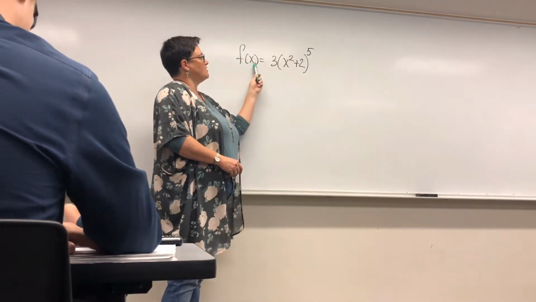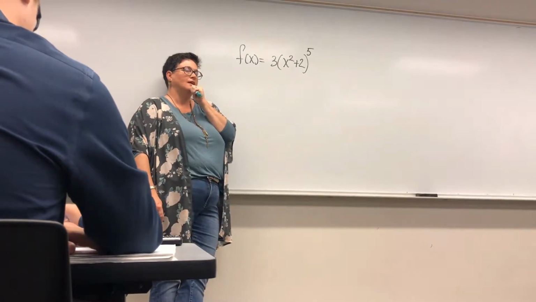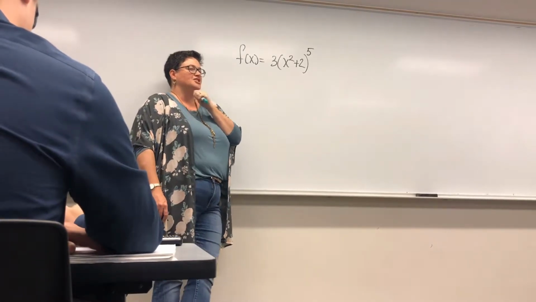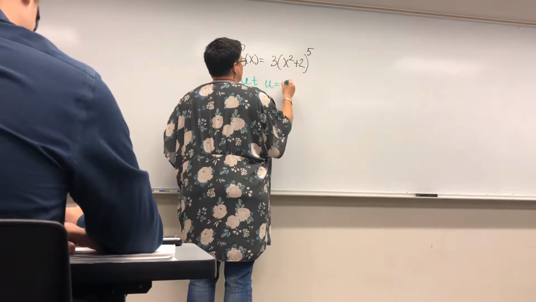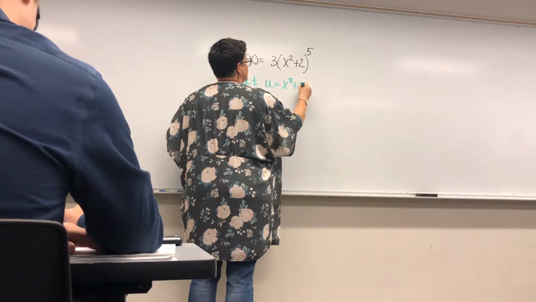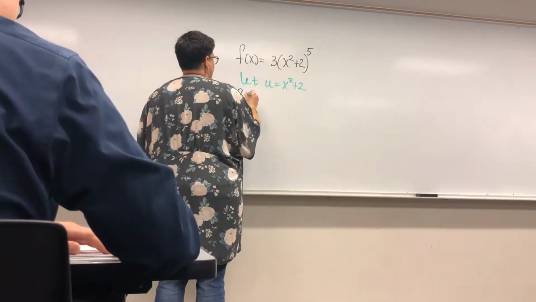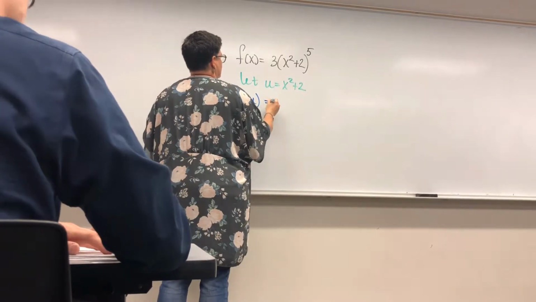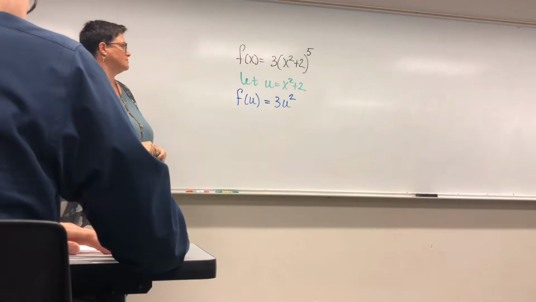What is f a function of? I mean, what's its input variable? X. We're gonna change that. Let u equal x squared plus 2. Now, f is a function of u. f of u equals 3u to the 5th.